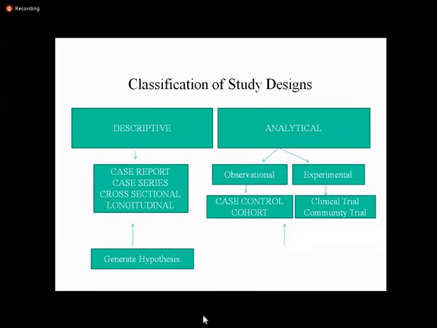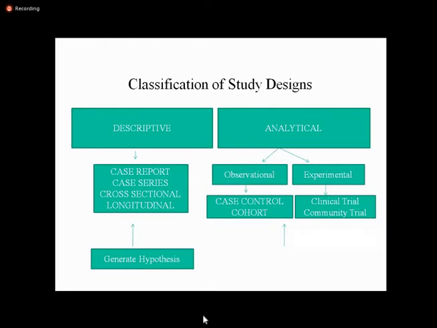You do research on case series, different types of cases, and from these you make some fundamental foundation. That's why you are basically generating the hypothesis.